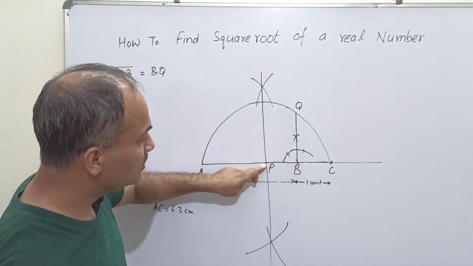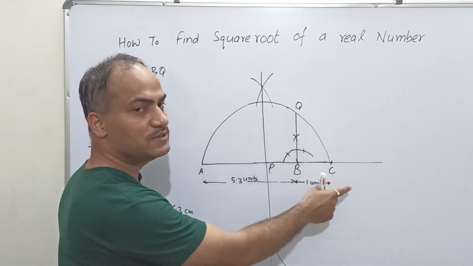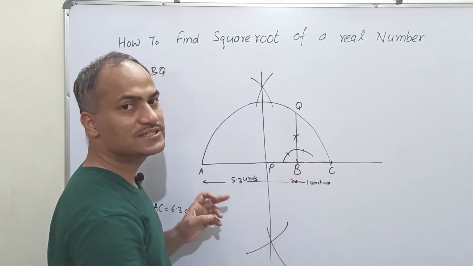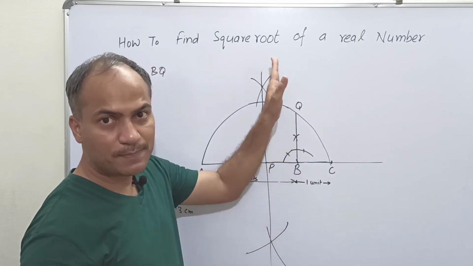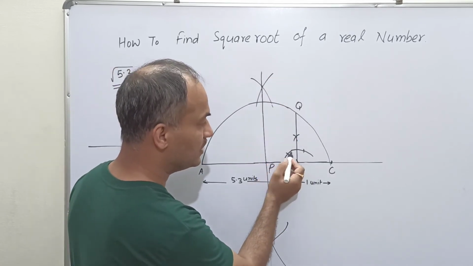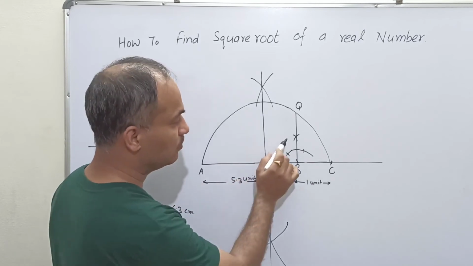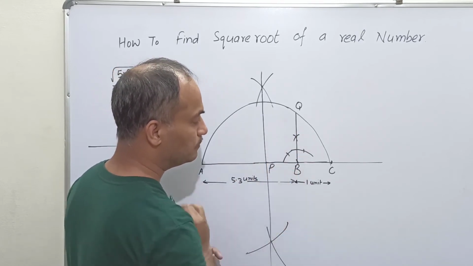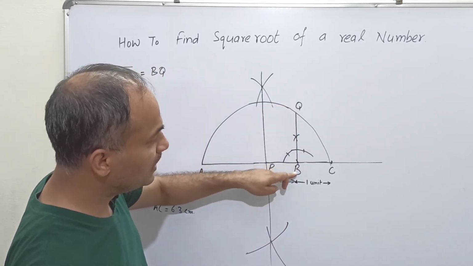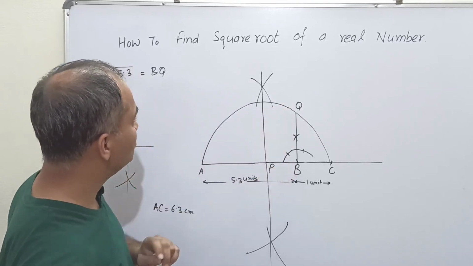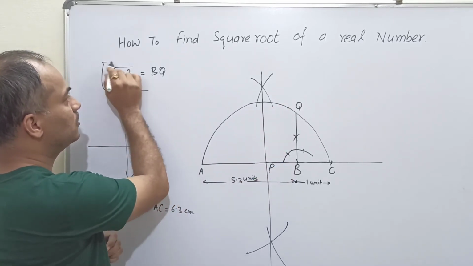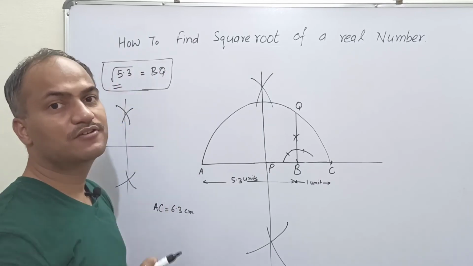From P, we drew a semicircle taking PC as radius. Now from point B we draw one perpendicular. This perpendicular meets the semicircle at point Q. When we measure BQ, it is nothing but the square root of the given real number.